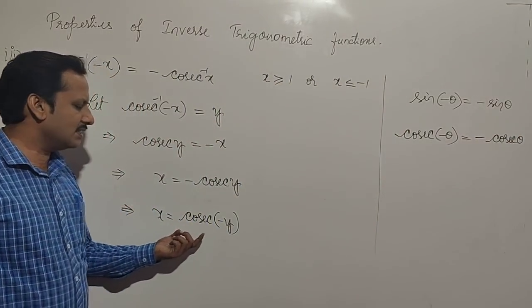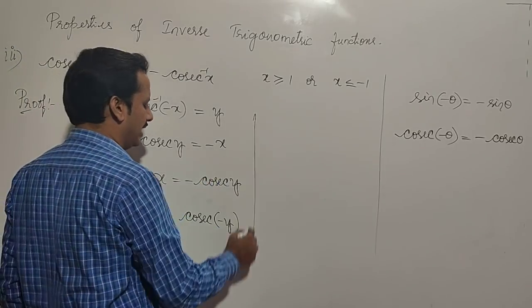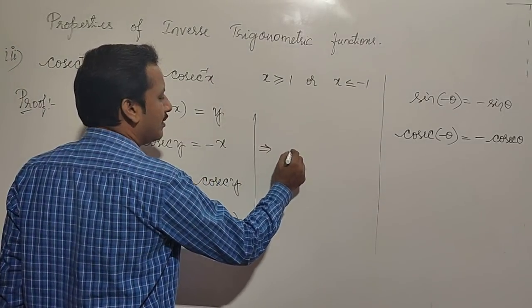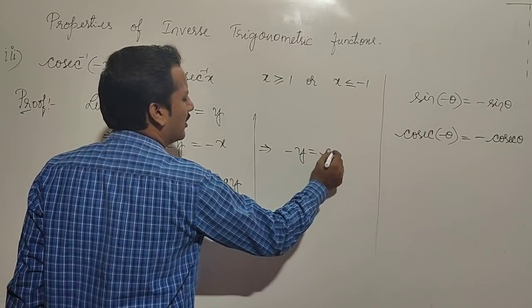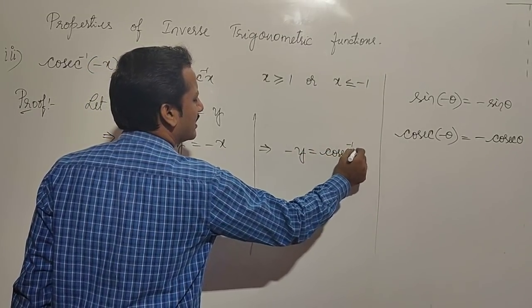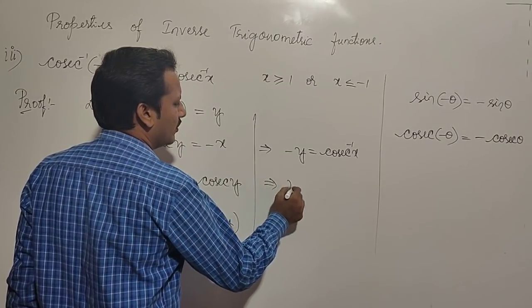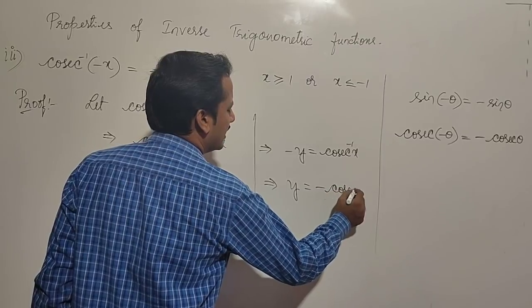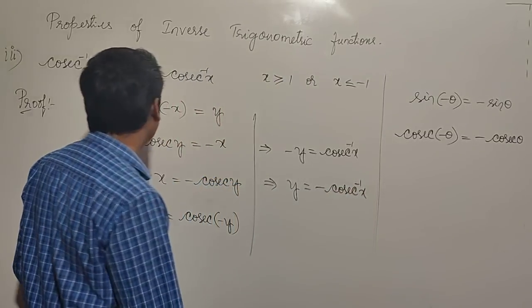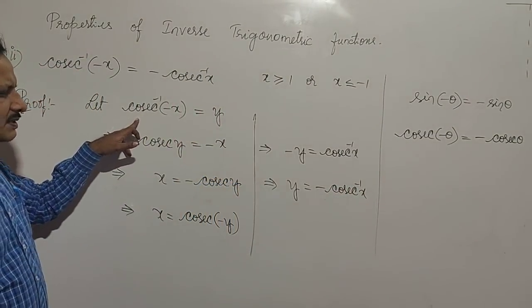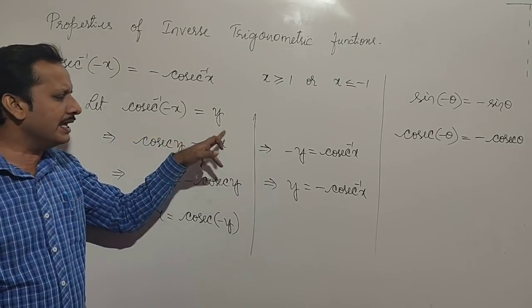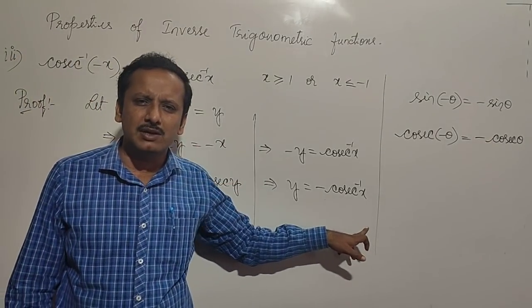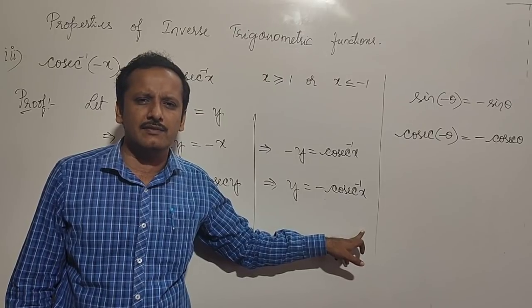So x is equal to cosecant of minus y. This will imply that minus y is equal to cosecant inverse x. That will give you y is equal to minus cosecant inverse x. Here we have cosecant inverse of minus x is equal to y, and here we have y is equal to minus cosecant inverse x.